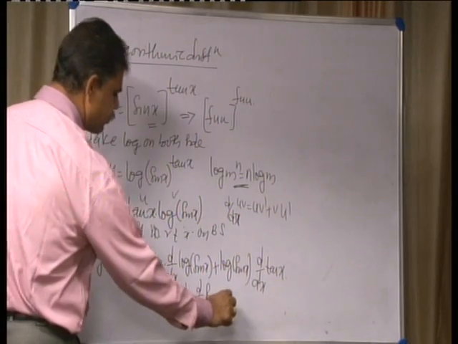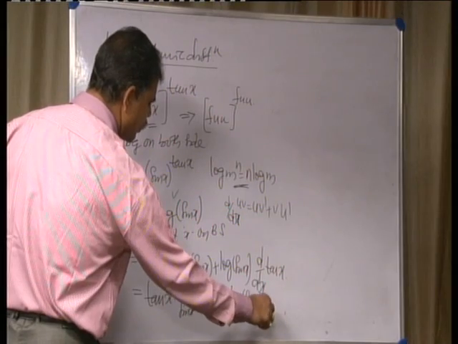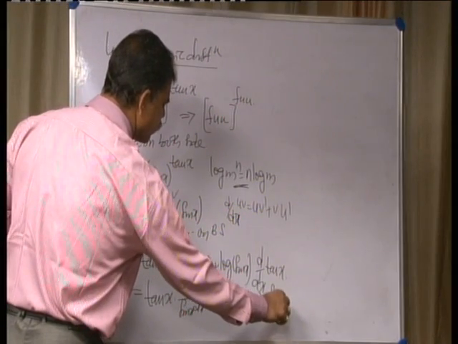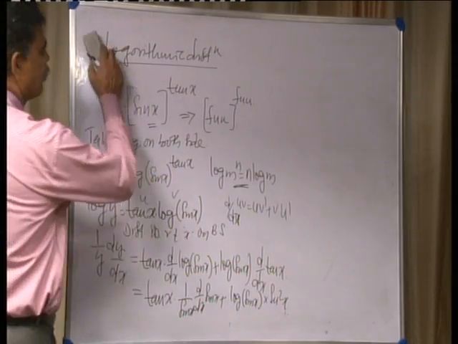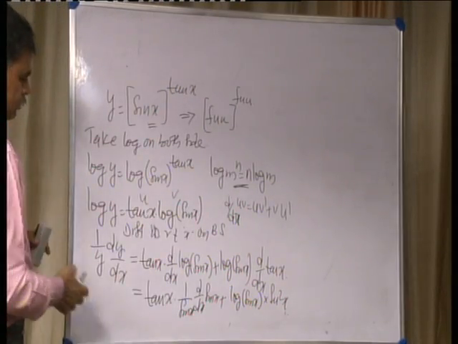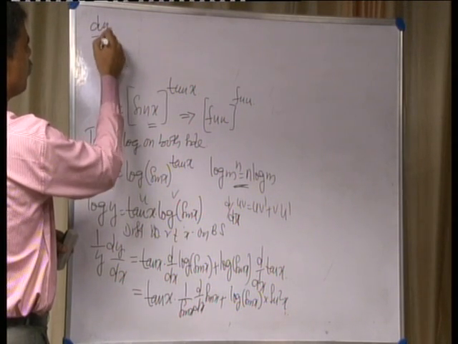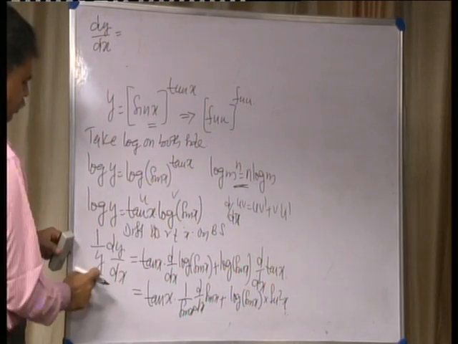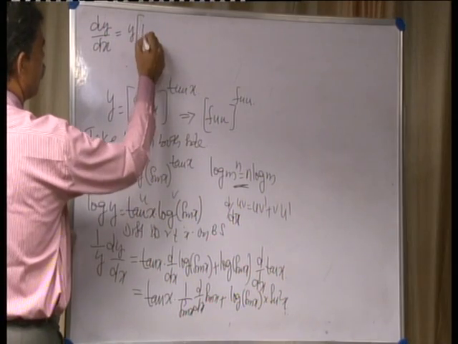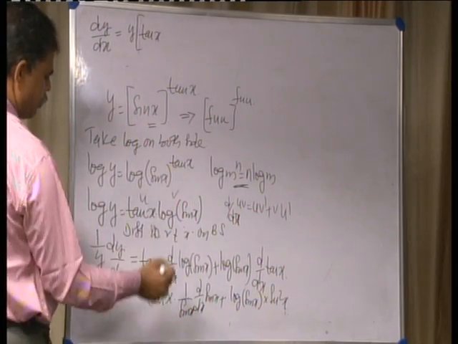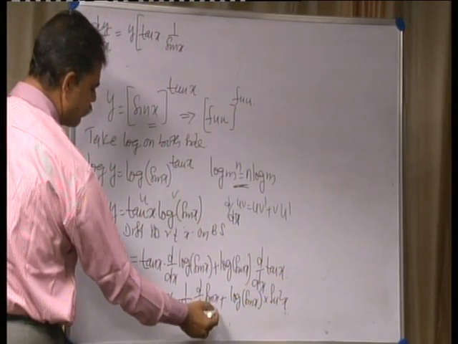plus keep log of sin x as it is, differentiate tan x. Differentiation of tan x is secant square x, right. Then if you take dy by dx is equal to y, the y goes to the numerator on the other side, y into we have tan x into we have 1 by sin x into differentiation of sin x.